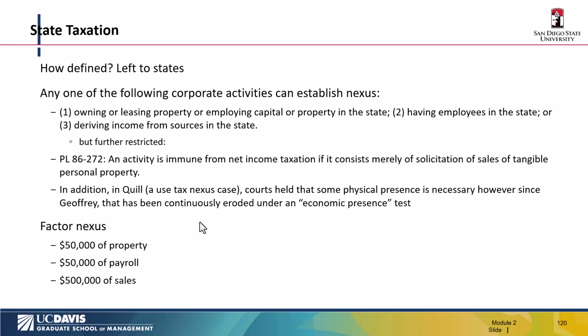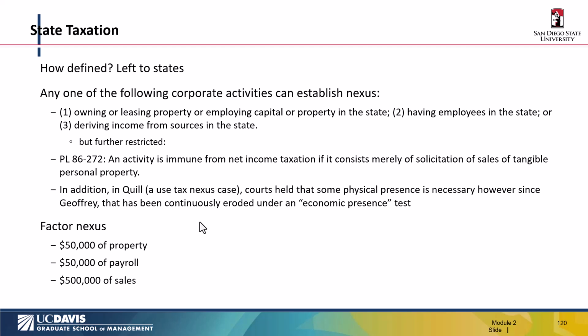It can consist merely of, so only solicitation, so no other activity but solicitation, of sales of tangible personal property. So services don't qualify for protection under PL 86-272. So it's only solicitation of sales. So solicitation is basically advertising, and it's got to be for tangible personal property.